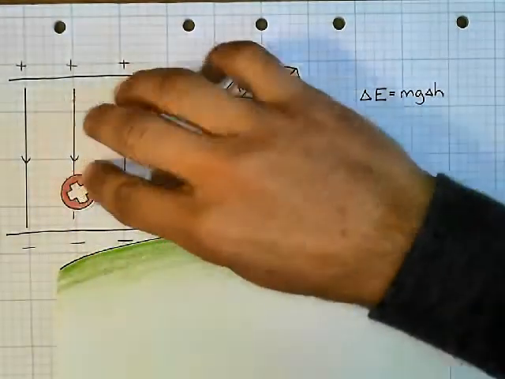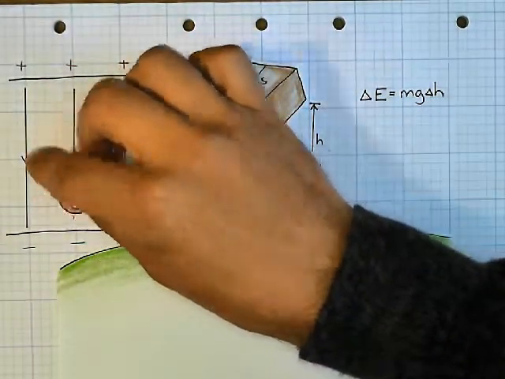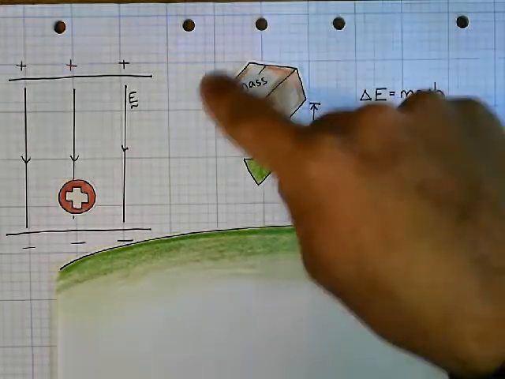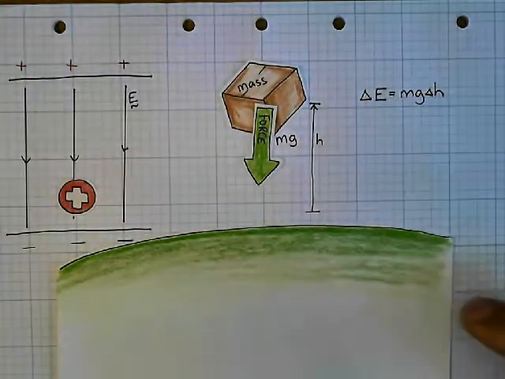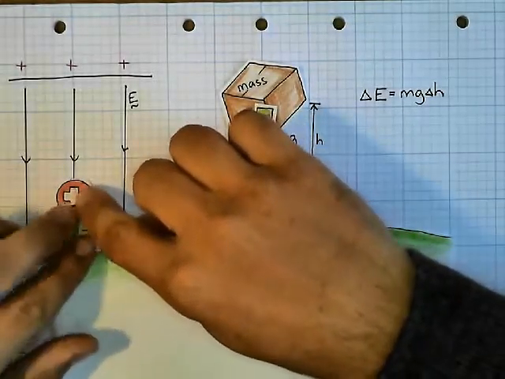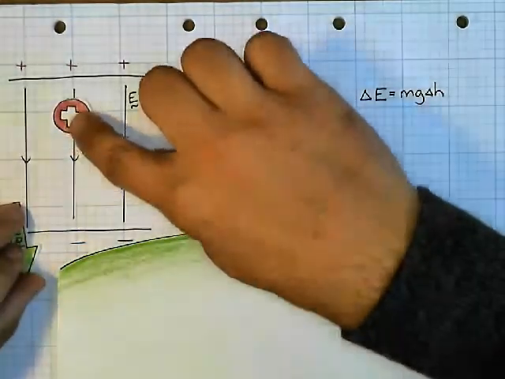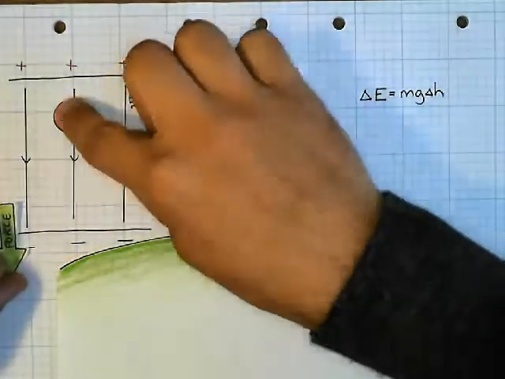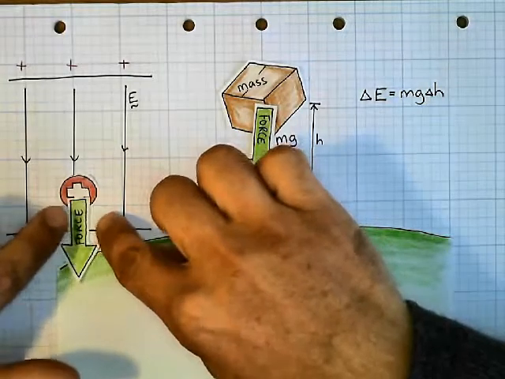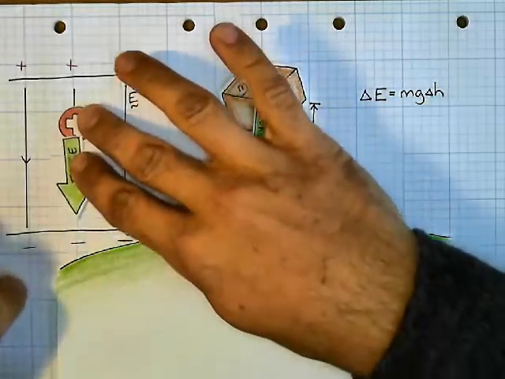A charged particle in an electric field will behave much the same way as an object with mass in a gravitational field. If you move this charged particle towards the positive plate, you need to do some work. You need to overcome the force on that charged particle.